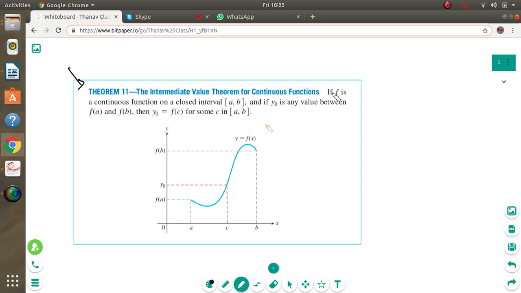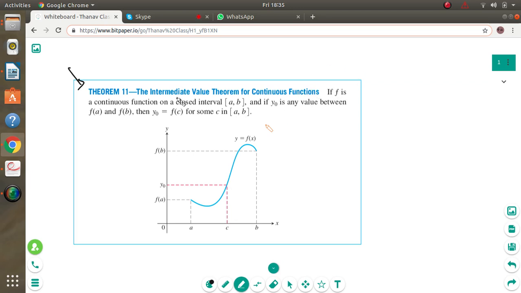It says that if f is a continuous function on a closed interval a to b, and if y0 is any value between f of a and f of b, then y0 is equal to f of c for some c in the closed interval a to b. Let me again repeat.